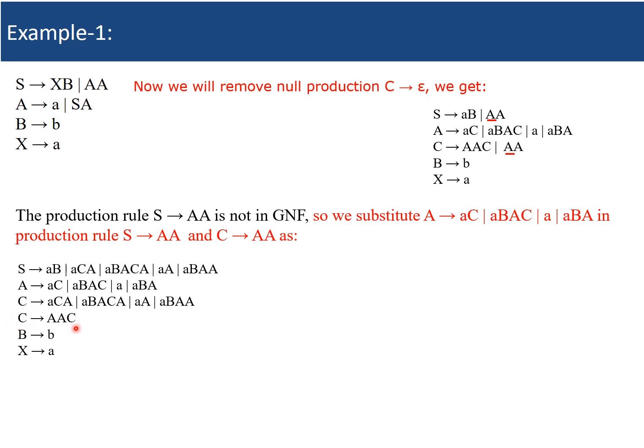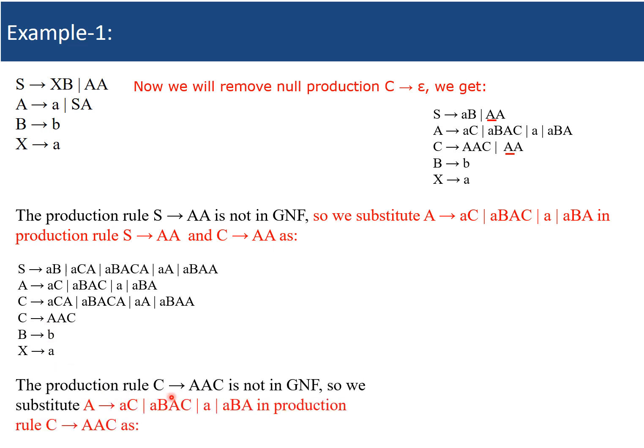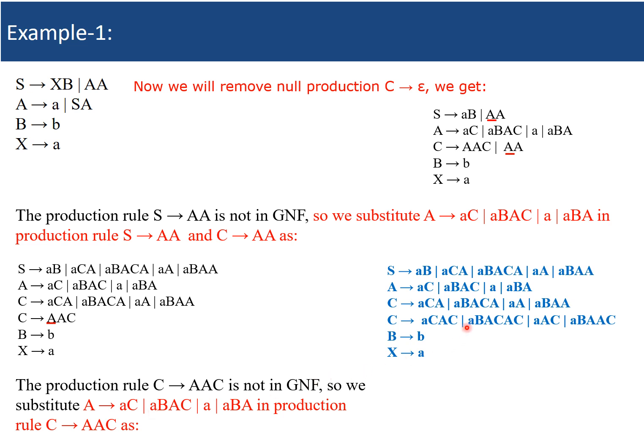So one more rule is in C, which is not in GNF form. What is that? Again, there is the rule C gives A, C, which is not in GNF. So we have to substitute the A production in the C rule. This A is replaced by the entire production of A. After replacing that, you will be getting like this.